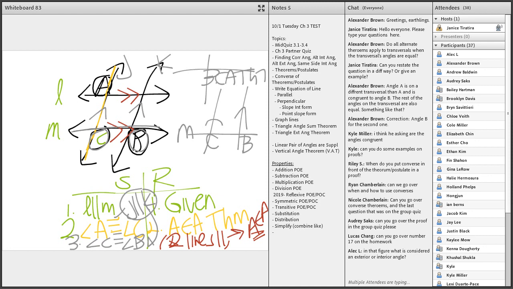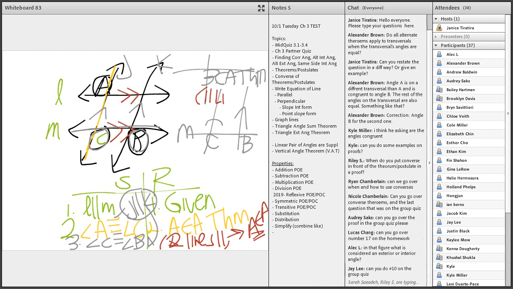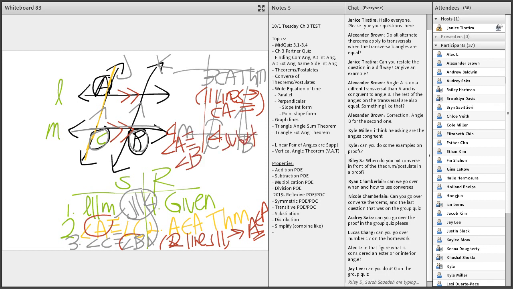And if you're in McKee or Haygood's class, you would write down if two lines are parallel, then corresponding angles are congruent, right? And then finally, step 4, I don't have room, you would say that angle A and angle B are congruent because of substitution or transitive property.